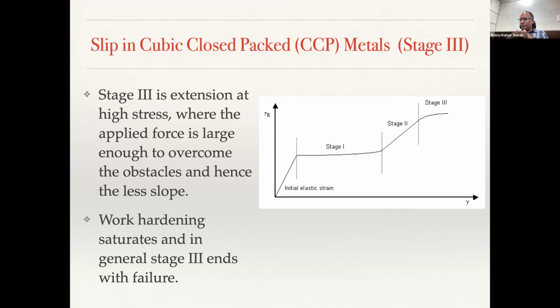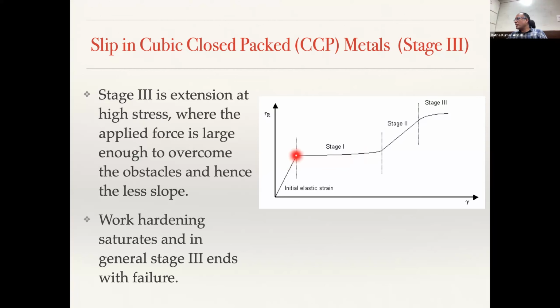Is that clear? Yes, sir. So you have several slip systems and one of them may get activated. Once one of them is activated, you have crossed the barrier, and then you will see that at a very small increase in stress, there is a large strain.